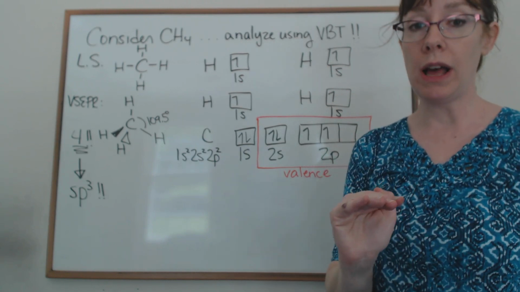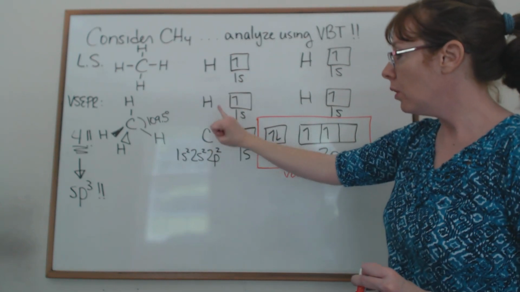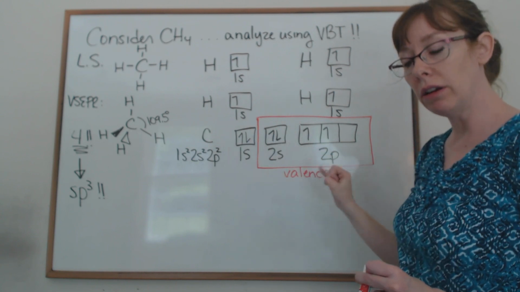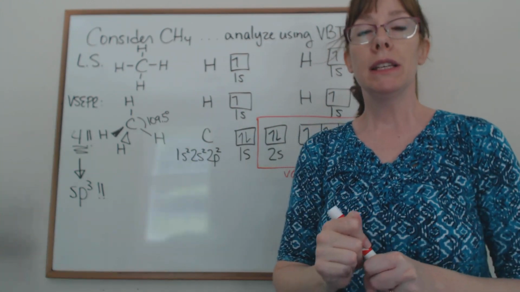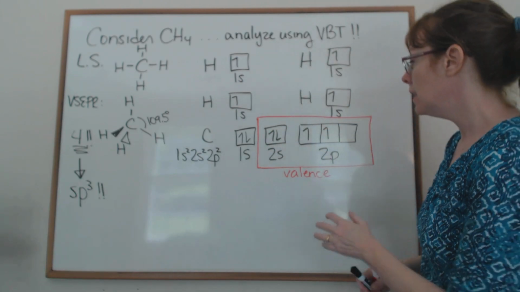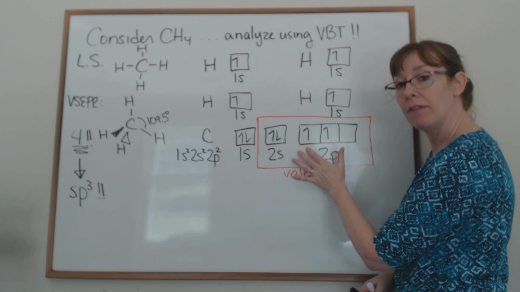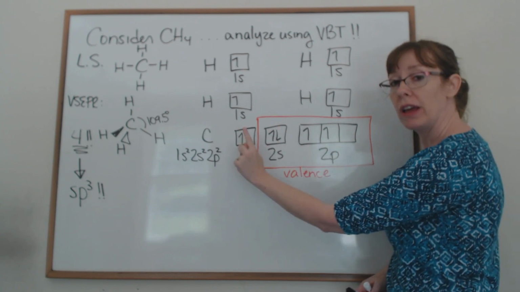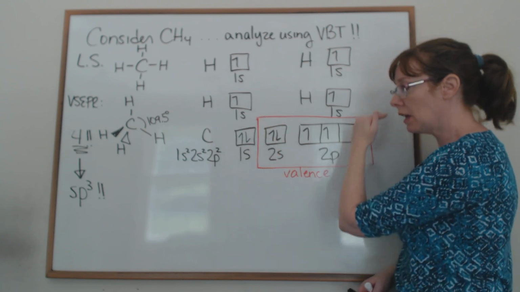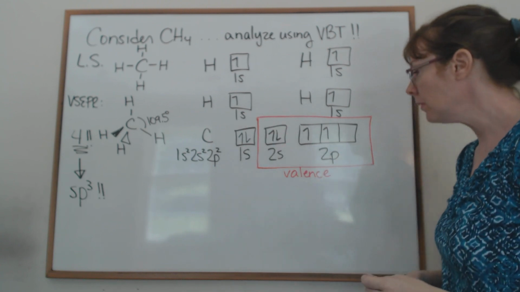Only the central atom will hybridize. The reason for the valence shell is, remember, valence electrons are the ones that are involved in bonding. So these are the ones that are in play for the bond. This is a core electron. It stays on the carbon's nucleus and is totally uninvolved. So always draw a rectangle around the valence shell.